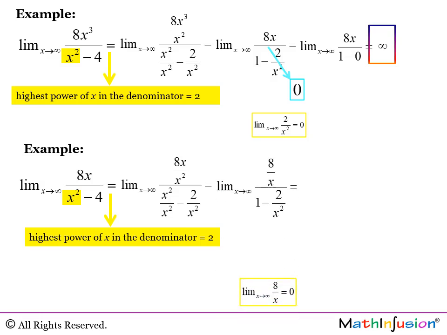Now we know that the limit of 8 over x as well as the limit of 2 over x to the power of 2 equals 0 when x approaches infinity, because in those two cases we have a constant over a huge number. Let's take these two limits. And we get 0 over 1 minus 0, 0 over 1, and we get 0.